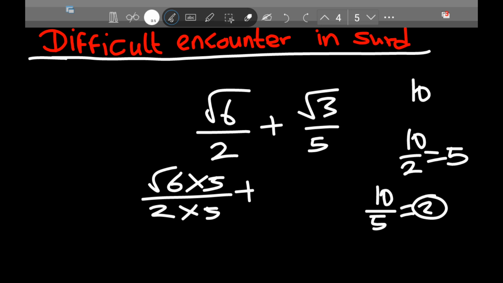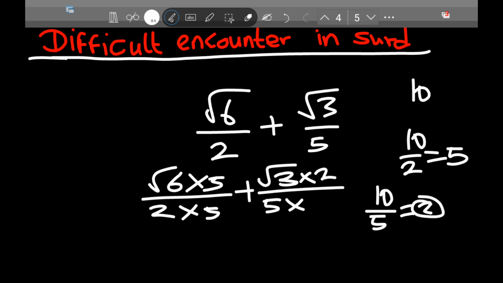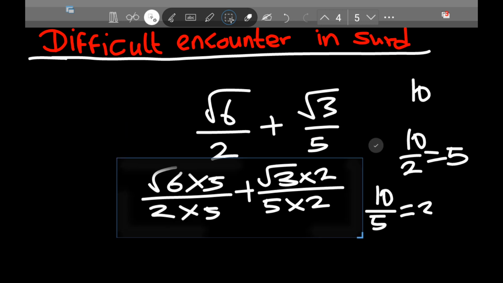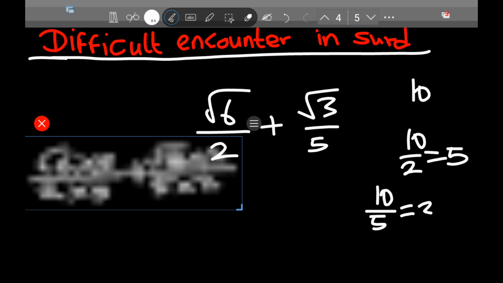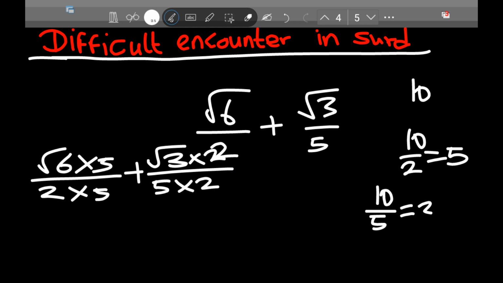You should get root 3 times 2 over 5 times 2. Then at this point, maybe I should make space. Let me put it here. So then you can see that.